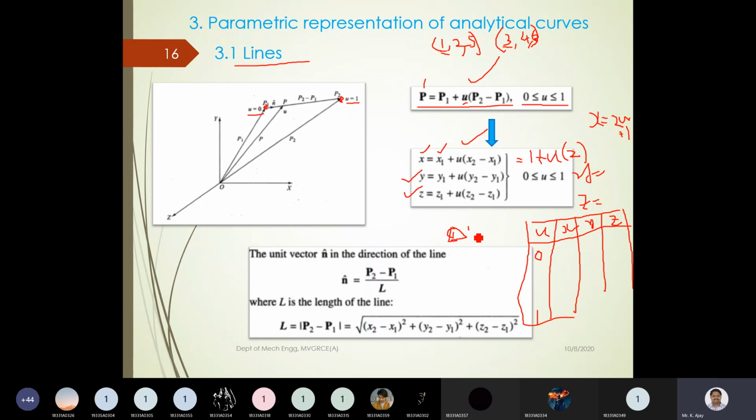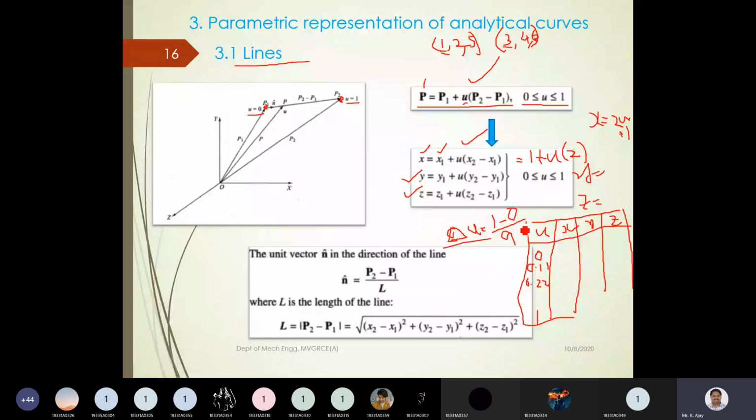If you want to get 10 points on the straight line, then delta u is equal to (u maximum minus u minimum) divided by the number of points minus 1. u maximum is 1, u minimum is 0, and the number of points N is 10, so 10 minus 1 is 9. So 1 by 9 would be the interval, and probably you get some value like 0.11, and then 0.22, and so on.